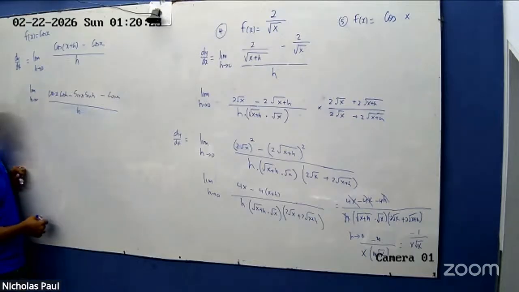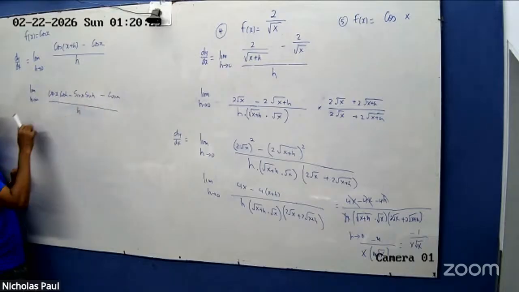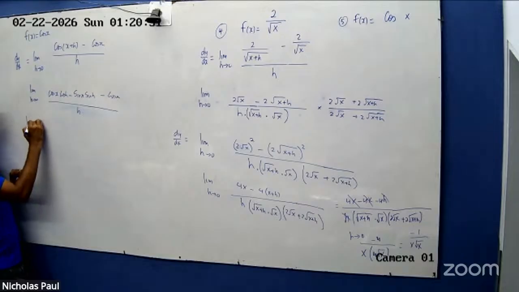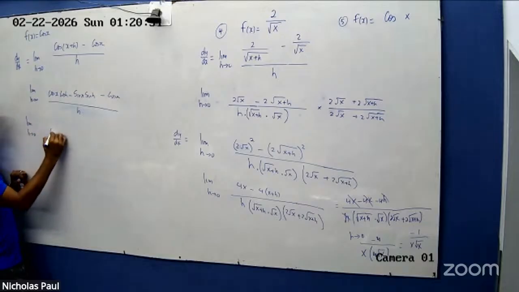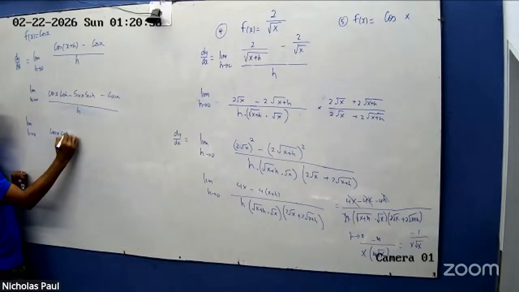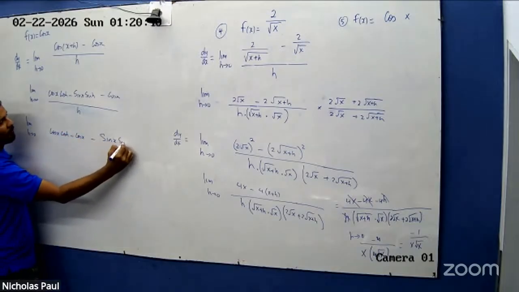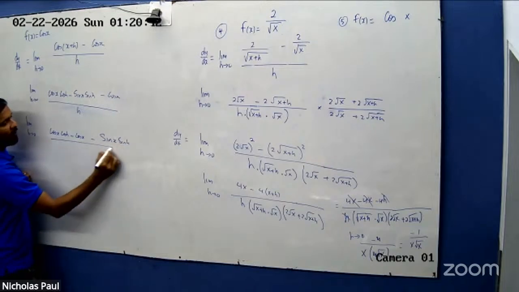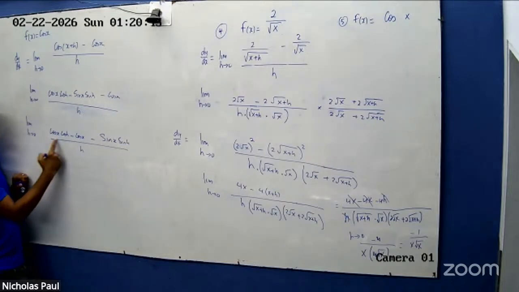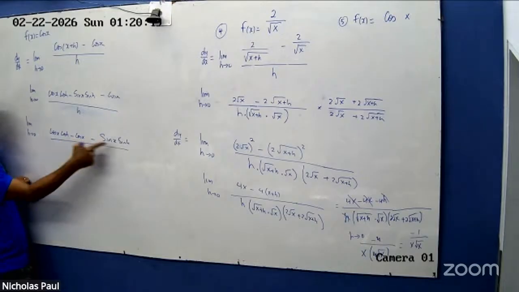Severa said bring all the cos x together. Right? All over h. Ideally, when you reach here, we just split it up. Right? Put this over h and then put this over h.